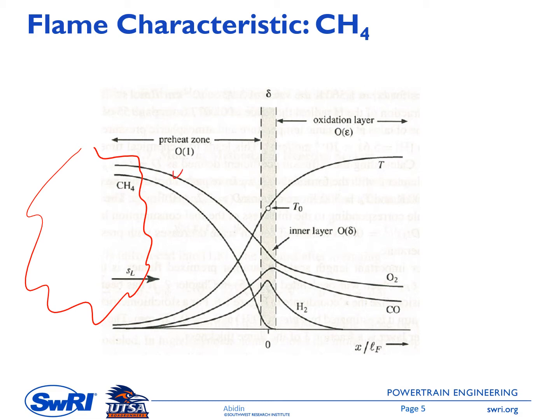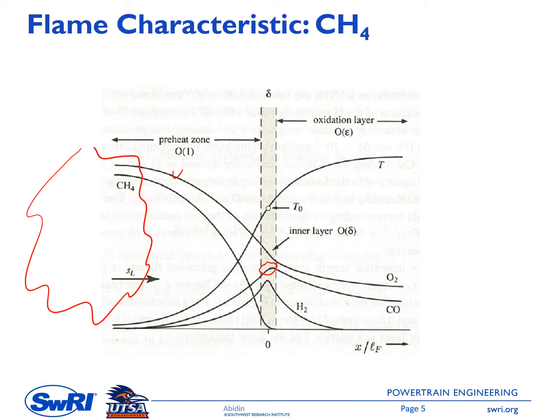Because this is the unburned zone, we have higher methane, and we also have higher oxygen. As it enters the reaction zone, methane will be consumed or oxidized by oxygen into many species. As the combustion process occurs, we see some combustion products like CO2, and we might have some CO inside this flame front, but CO will decrease as it further oxidizes into CO2.